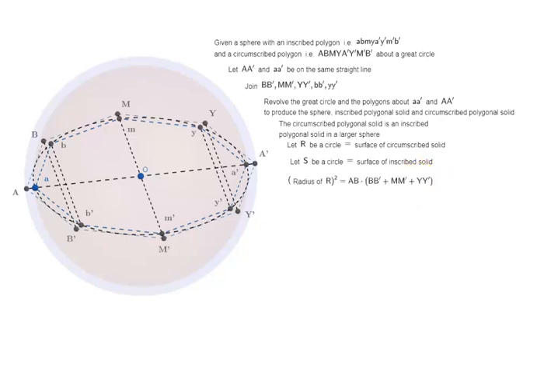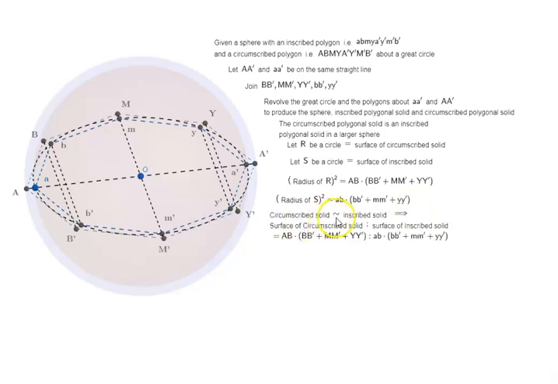Then in a previous proposition, we have seen that the radius of that circle R squared is equal to AB times BB' plus MM' plus YY'. Similarly, the radius of S squared is equal to ab times bb' plus mm' plus yy'. The circumscribed solid is similar to the inscribed solid, because if the inscribed solid is 8-sided, the circumscribed is also 8-sided.